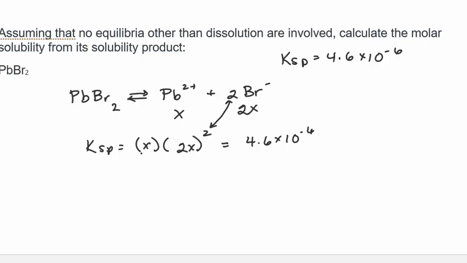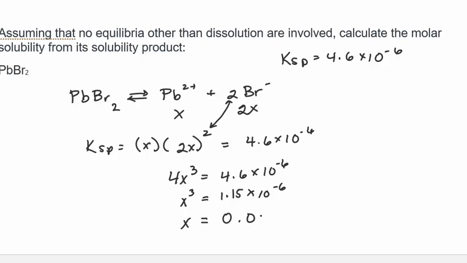Then I divide both sides by 4, I get 1.15 times 10 to the negative 6. Then I take the cubed root. When I take the cubed root, I finally get to my x value, which is the cubed root of 1.15 times 10 to the negative 6. The value, which I'm going to put in standard form, is 0.1047, and I get all these digits. Now I'm going to go, how do I insert this?